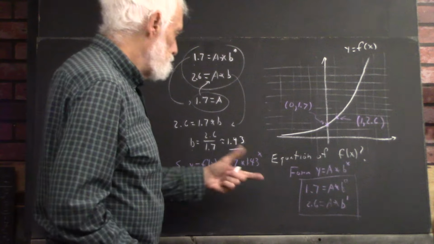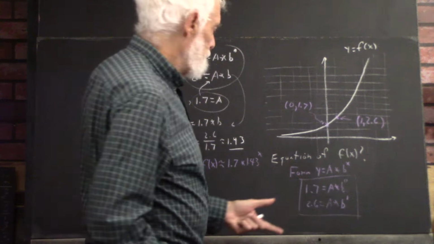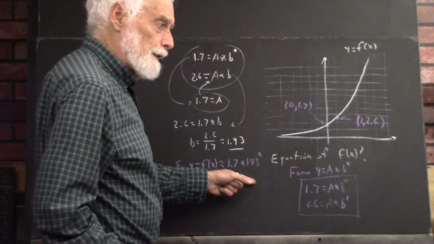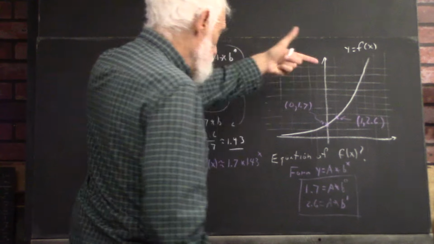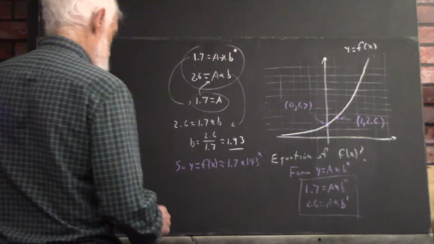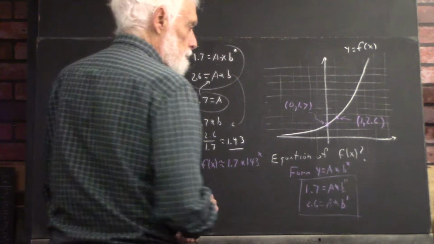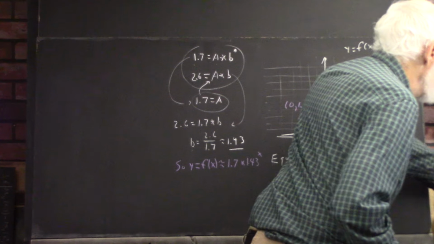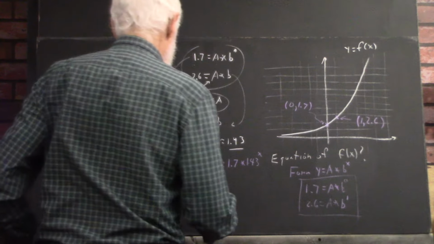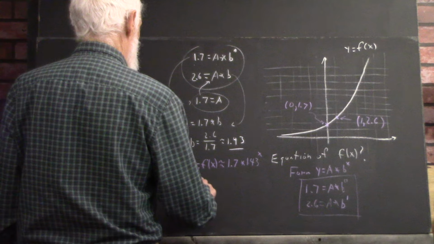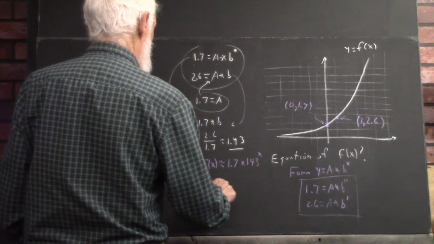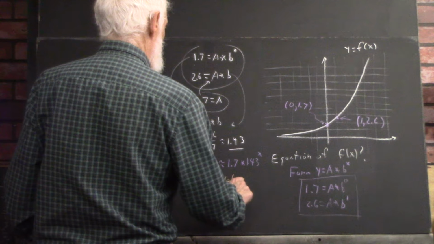Now we can test whether this is a good model or not, and it's not going to be a great one. We're going to test it to see if it predicts another point on the graph. So we test the model.